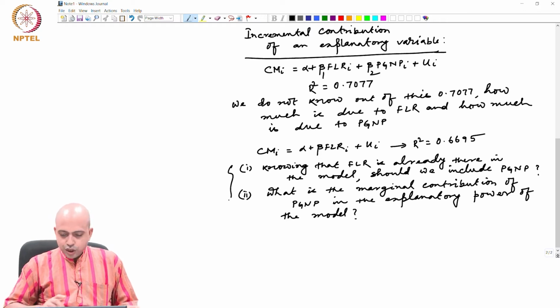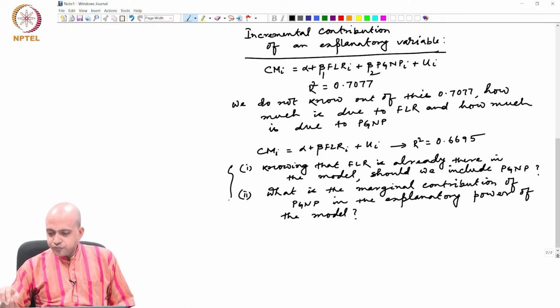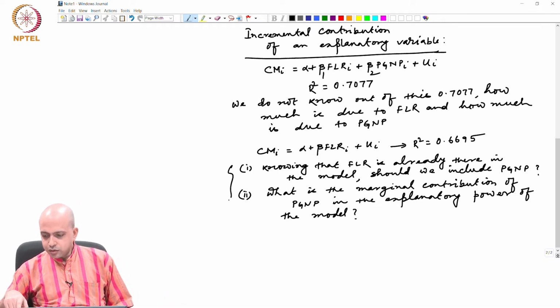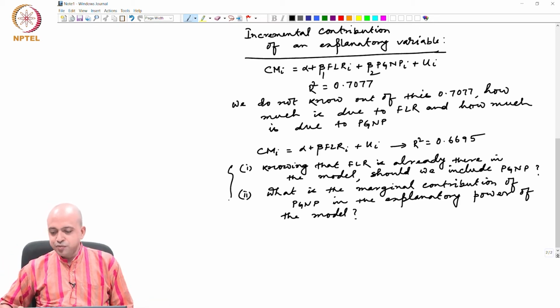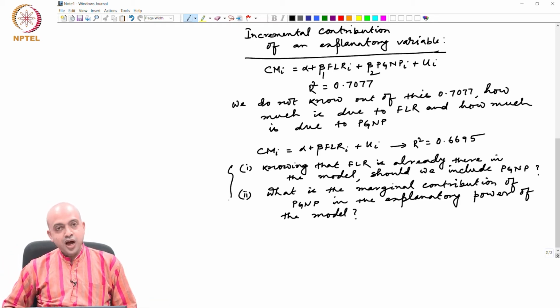Now if we run this model, the R square is 0.6695, and if we add PGNP, then the R square increases from 0.6695 to 0.7077.